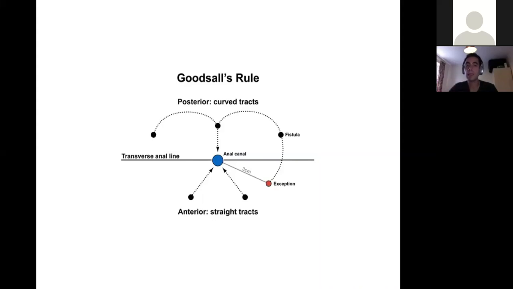So going back to the question, the key phrase is that it is anterior and that it is less than 3 centimeters from the front of the anal canal.